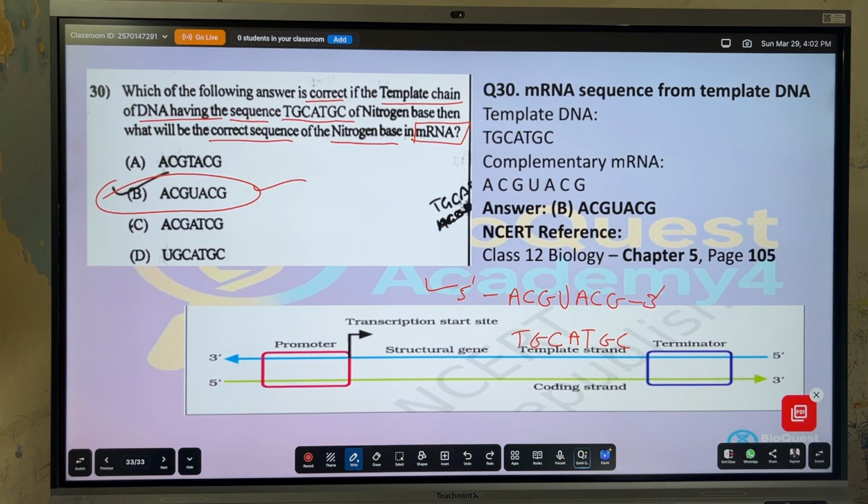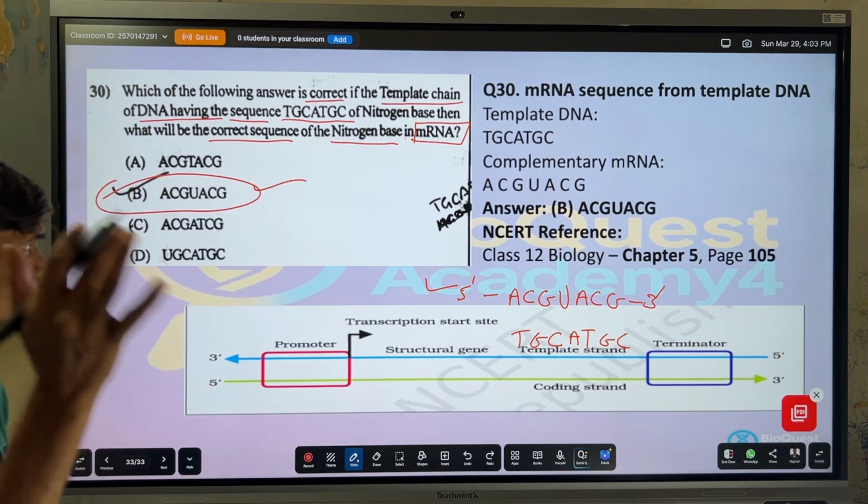This is from chapter 5, molecular biology.